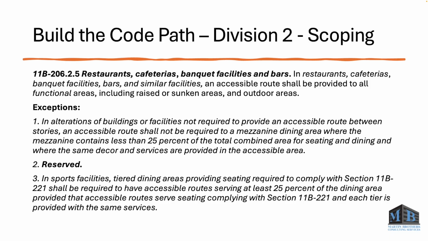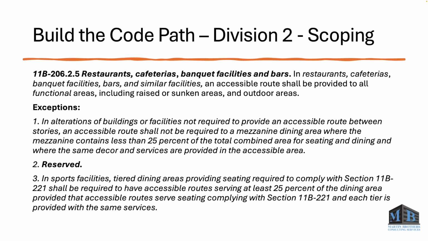So this is basically saying if you were otherwise exempted by the requirement for vertical access, but you've got this mezzanine dining area that's upstairs, and that's where you host special events, that's not going to fly. You should probably move those events downstairs, or you need to build an elevator or a lift or something to give access to that mezzanine, because special things are happening up there that are not offered downstairs.